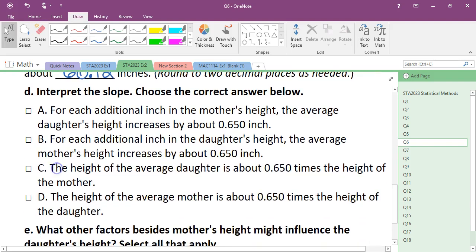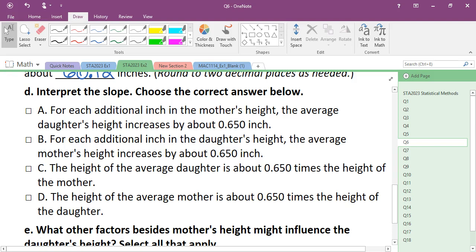So when we look at this, we need something that talks about the average of the y idea for every 1 unit of the x idea. So when we read the first guy, it says, for an additional inch of the mother's height. So the mother's height, is that our x value? Are you sure? Yes, it is. So so far so good because that's talking about 1 unit of x.